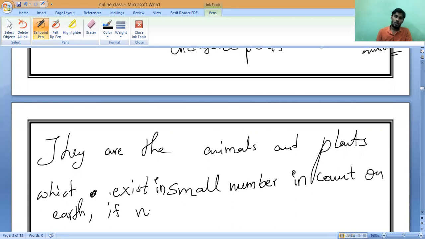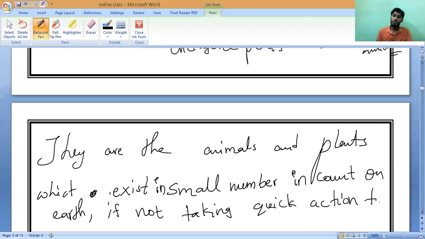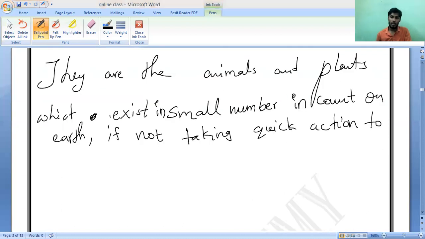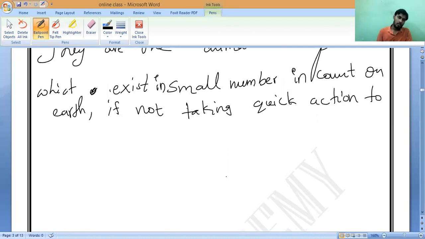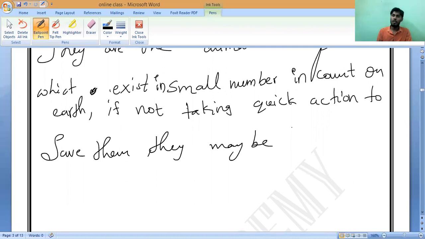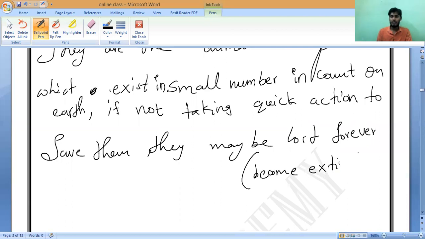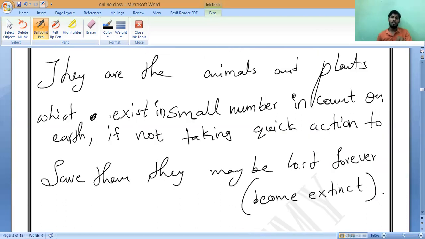If not taking quick action to save them, they may be lost forever. Means they are becoming extinct. Please note it down. Do you understand, all of you?